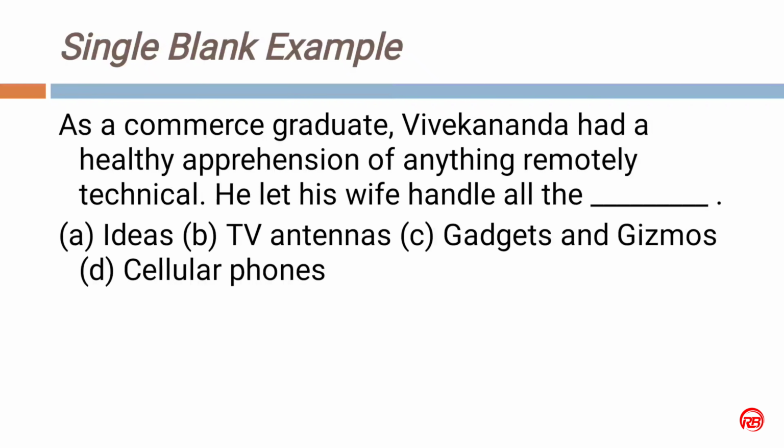So we can easily eliminate option A, ideas, because it is not an electronic gadget, and TV antennas and cellular phones we can easily handle. So he is afraid of electronic things, that is gadgets and gizmos.